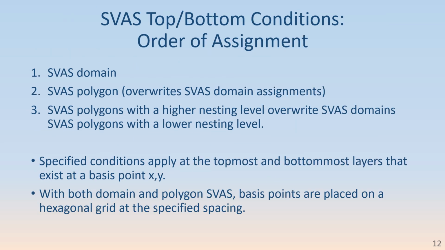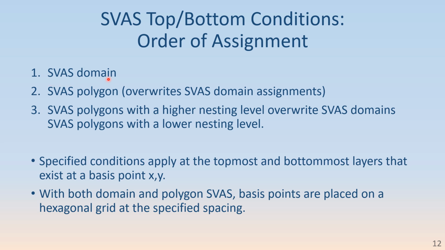Here's the sequence for placing basis point spacings that's adopted in Anaqsim. First, it goes through the basis points that are associated with a domain SVAS, all the domain SVASs. So you can specify these area sink basis point spacings and the top and bottom conditions by domain or by polygon.